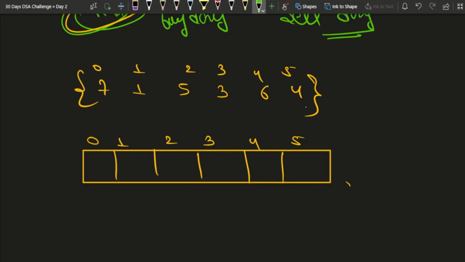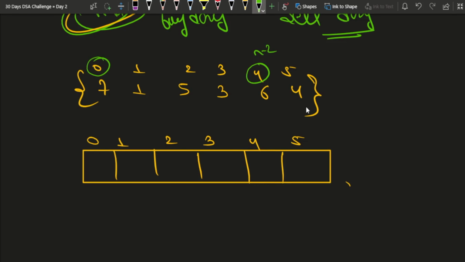Now we will run a loop from index 5, that is the index of n minus 1, up to index number 0, and then we will calculate the maximum. Instead of running a loop from n minus 1, we can also run a loop from n minus 2. Why am I saying this?